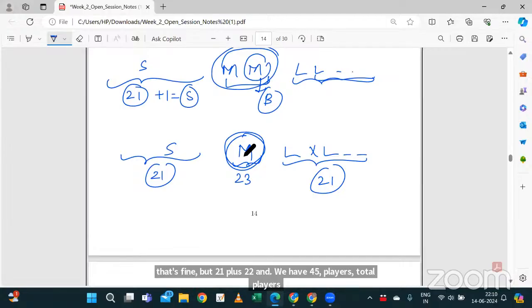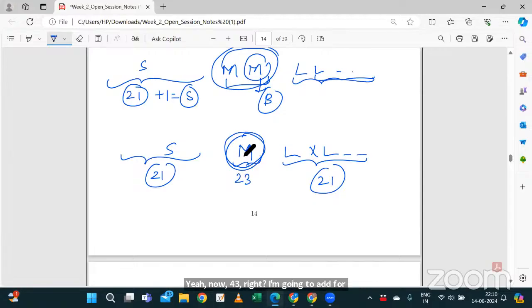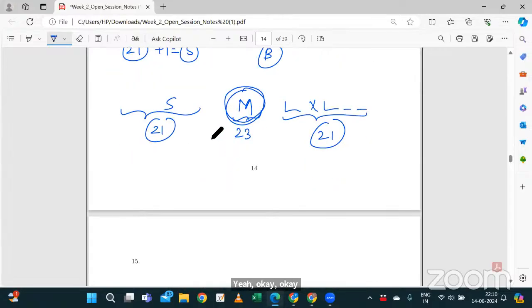Yeah, now 43, right? I'm going to add for A and B. Suppose what I'm trying to say here: suppose for A you are going to use the mode size, then 1 will be added here. That means 22 will be there. Suppose 22 S is there. Suppose I have added one more M. That means 24.